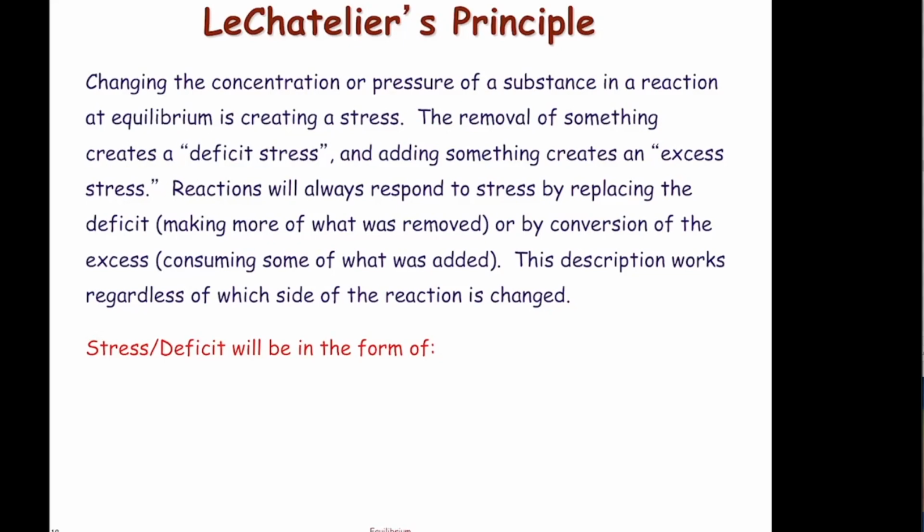That's why it's called an equilibrium constant, because it's constant no matter what you do to the reaction, except if you change temperature. If you change temperature, all bets are off. The temperature will cause that equilibrium constant to change, but that's the only thing that will. Changing the size of the container, adding more chemicals, removing chemicals, will not change that equilibrium constant, only temperature. So that's what Le Chatelier's principle allows us to predict.